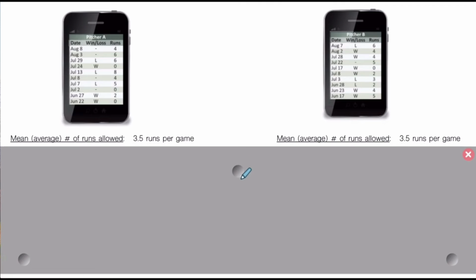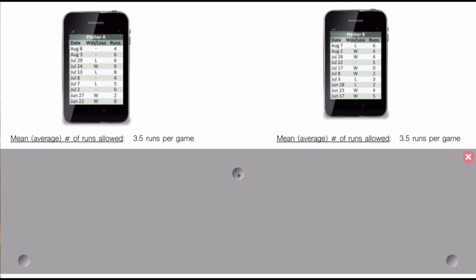you might say, well, what's the average amount of runs that they've allowed over the last 10 games? Well, if you sat there and found the average, you'd find that pitcher A, on average, has let up 3.5 runs per game. And you'd find that pitcher B has also let up 3.5 runs per game.